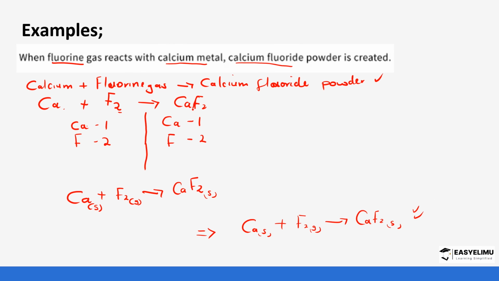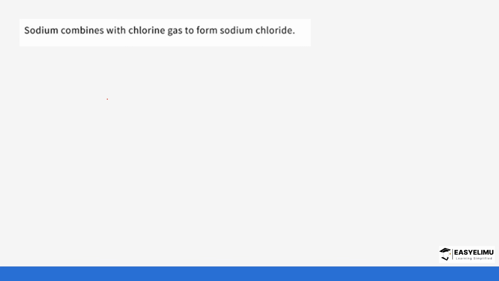Let's do another example. Sodium combines with chlorine gas to form sodium chloride. So the word equation will be sodium reacts with chlorine gas to form sodium chloride. So let's convert this word equation into chemical formulas.